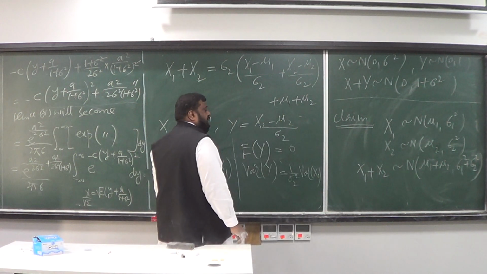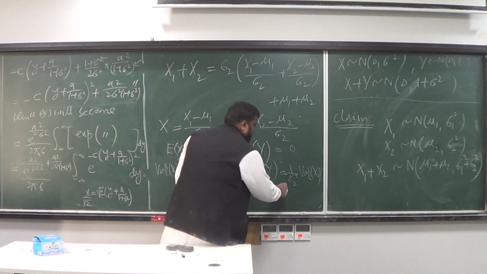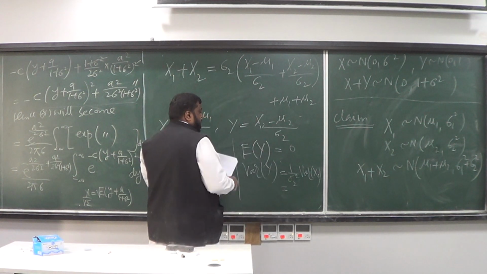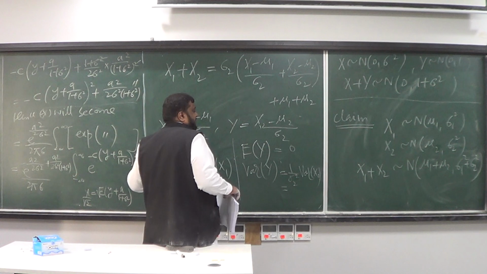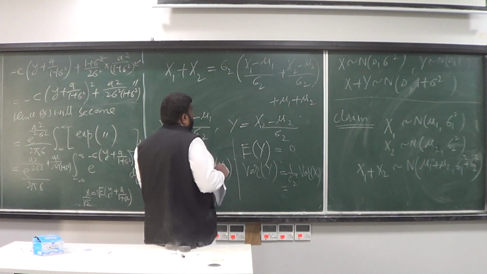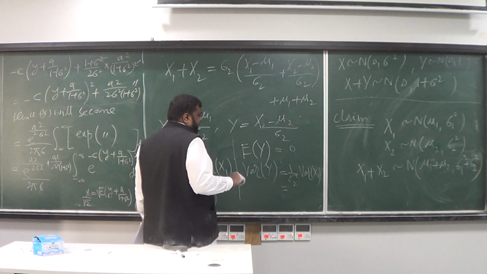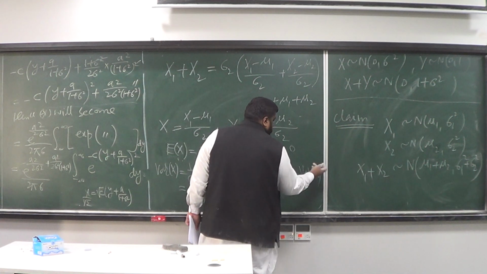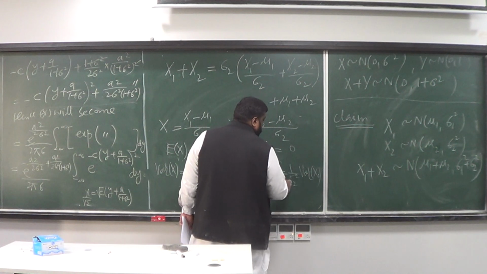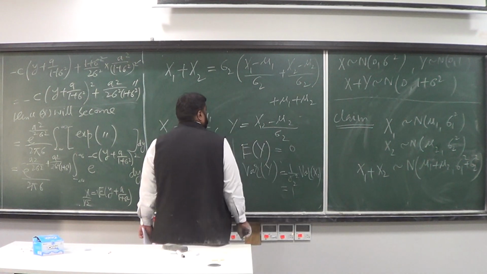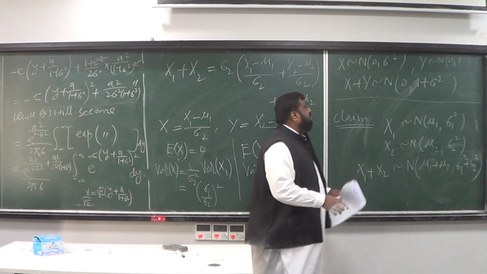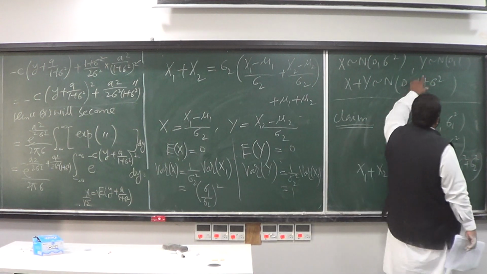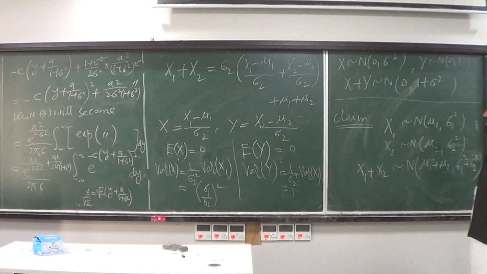But the variance of x2 is sigma 2 square actually. So sigma 2 square divided by sigma 2 square is going to be 1. So y is a random variable that has mean 0 and variance 1.